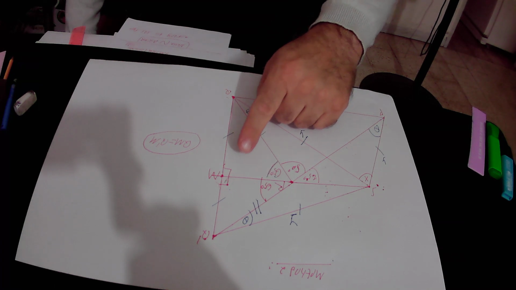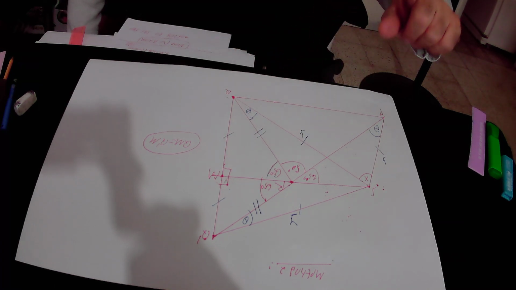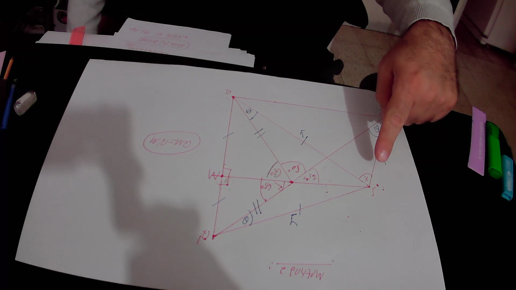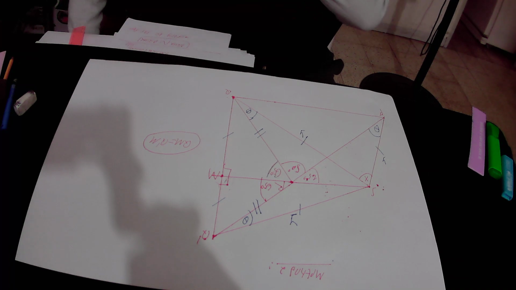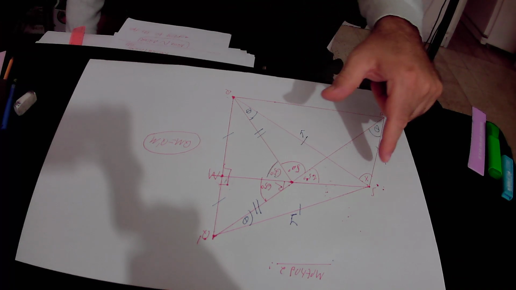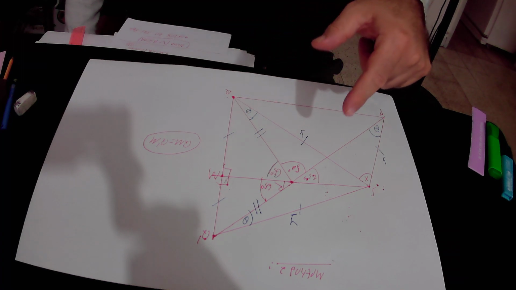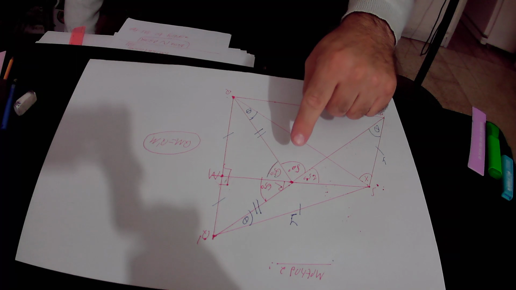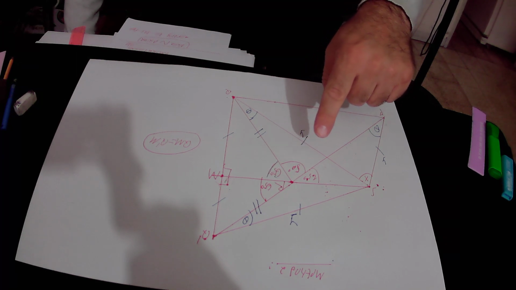So what is the size of this angle? After we extended SR, here we know that SM is a straight line. Therefore, the sum of the angles on the straight line at any point equals 180 degrees.